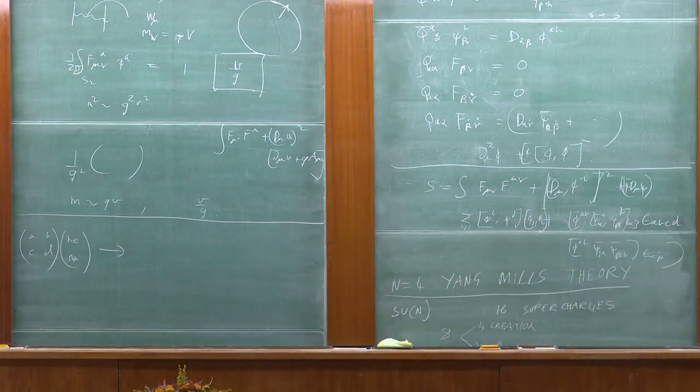Right now, let us just remember that type IIB theory is supposed to have S-duality, g goes to 1 over g. So now if you take flat D3 branes, you get N=4 Yang-Mills on it. Now just take that configuration and do S-duality on it.